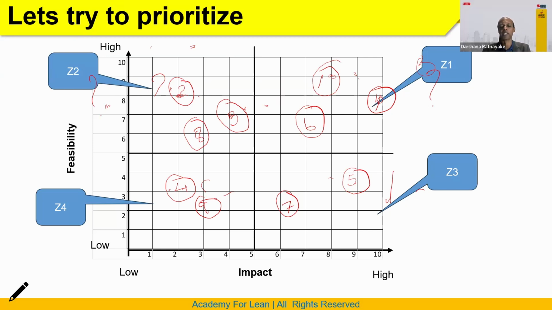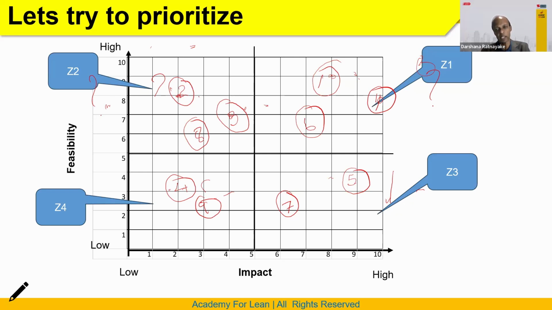The other one is easy to do, but impact is low. When we compare zone 1 and 2, the easiness is the same. Both we can do very easily. But the impact of zone 1 is higher than zone 2. Easy to do, more benefit. Easy to do, less benefit. Which one do we need to do first?